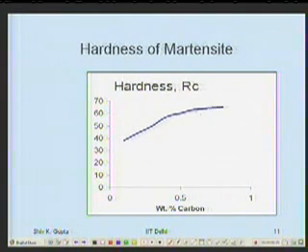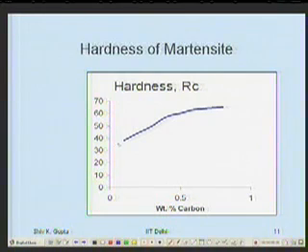What's the hardness you reach at about 0.6% carbon? At less than 0.6% carbon, the hardness is decreasing with decreasing carbon. As I lower the amount of carbon, hardness decreases, and steel may not be very brittle. But the hardness is also not very high.